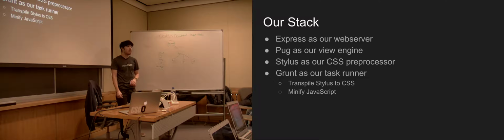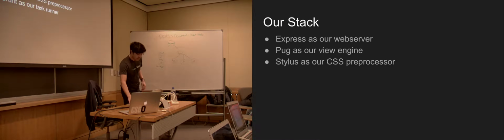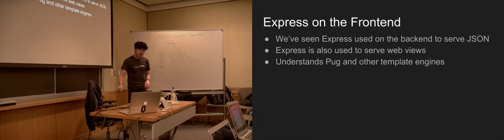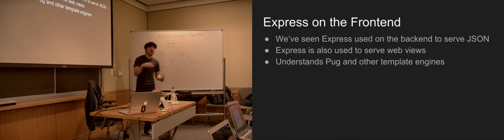But you said Express can also do front-end stuff? Express can serve front-end pages. And so just like we have a server that makes responses every time you make an API request, we also have a front-end server that will send responses every time you submit a request. And those responses now, rather than being JSON, are HTML, which is understood by the browser.